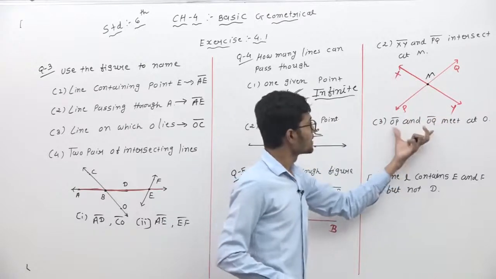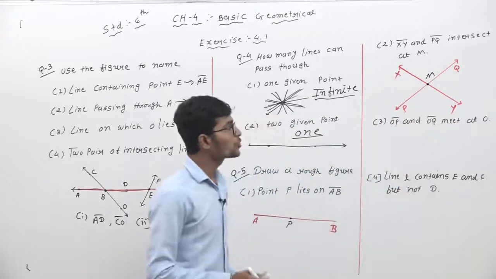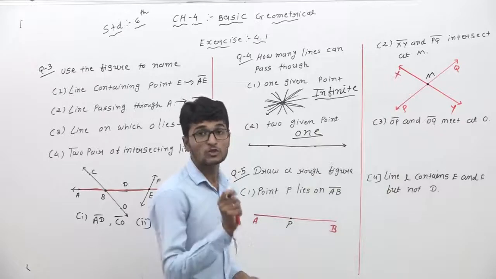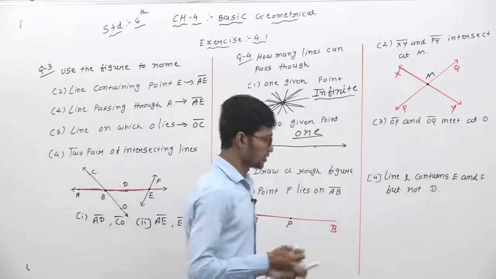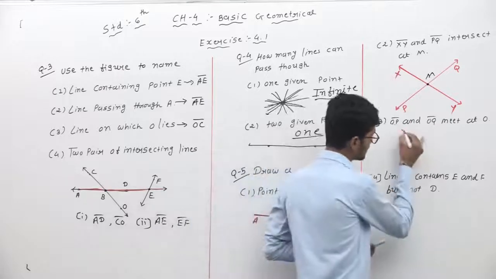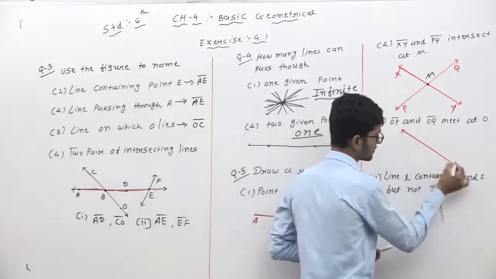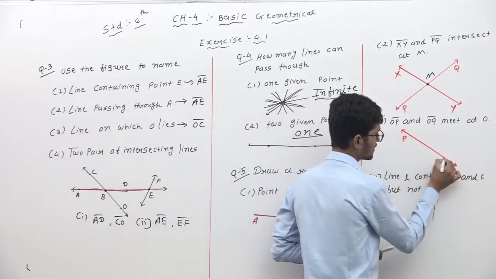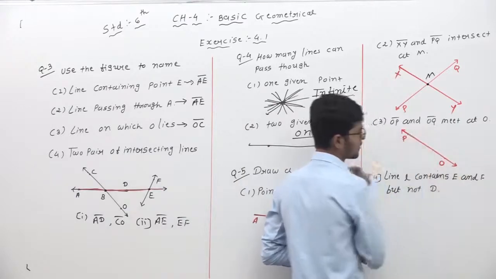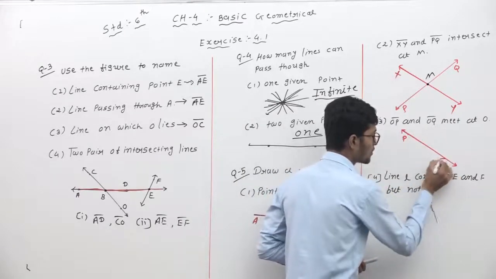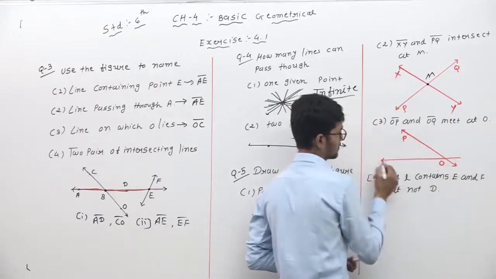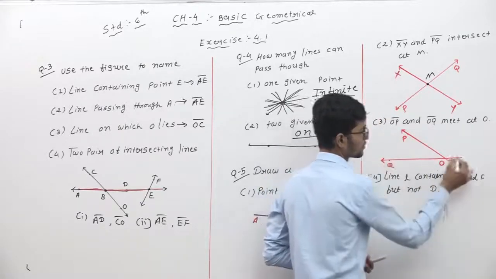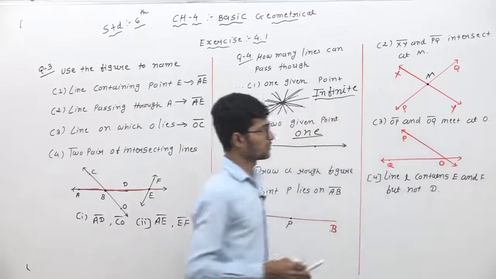Understand? Then OP and OQ meet at O. It means the two lines share the same point. So how to draw? First of all draw one line. Suppose here is P and here is O. And the next line starts from here. Suppose here is Q. Right?